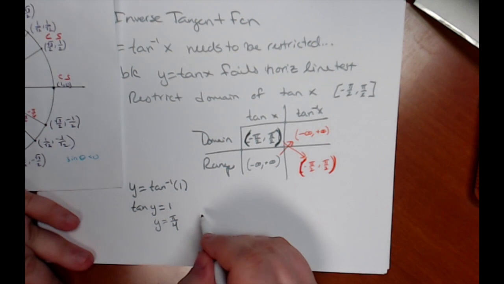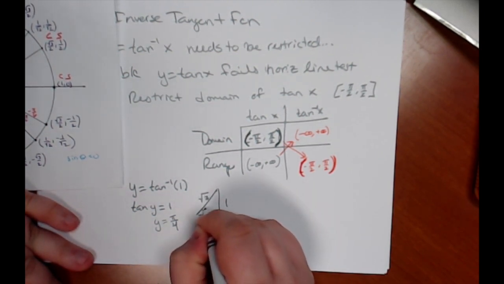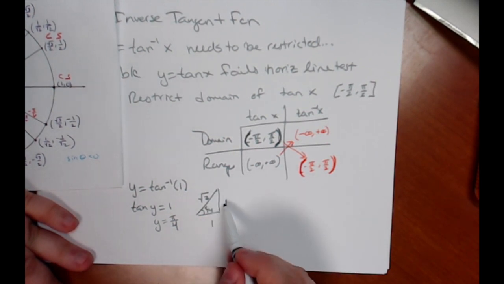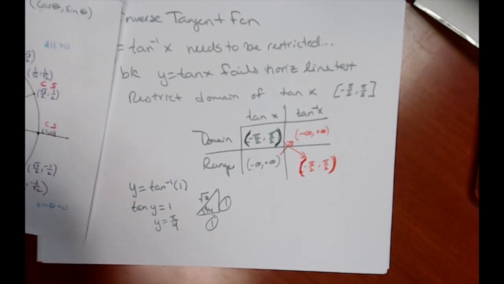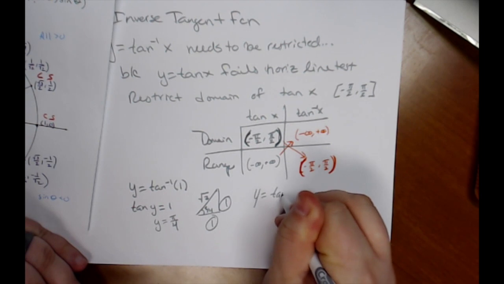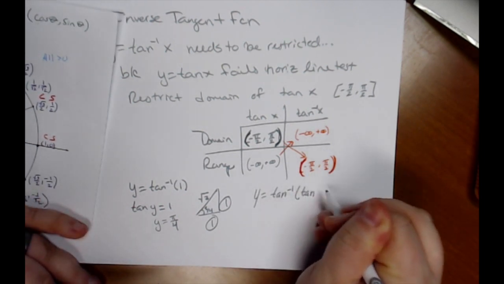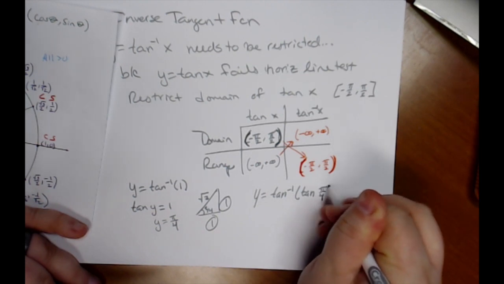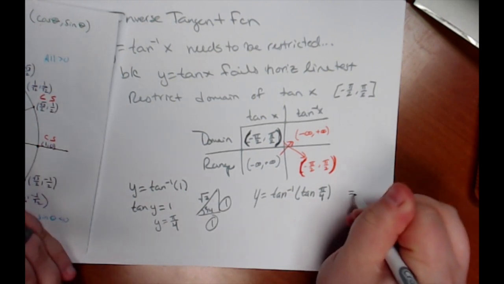And you're like, what? Well, remember, this just comes from our 1 root 2. This is our pi over 4 angle. Tangent is opposite over adjacent, 1 over 1, pi over 4. Now suppose we have y equals arctangent of tangent, pi over 4. You're like, well, is this going to give me pi over 4?